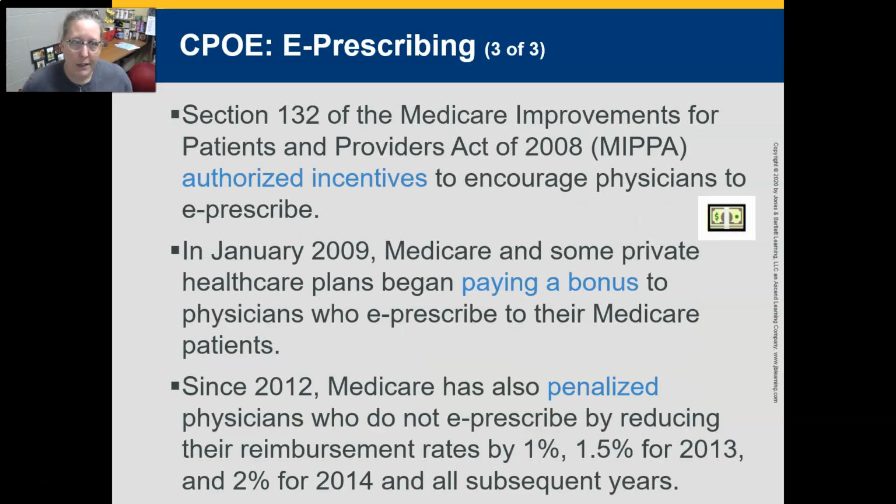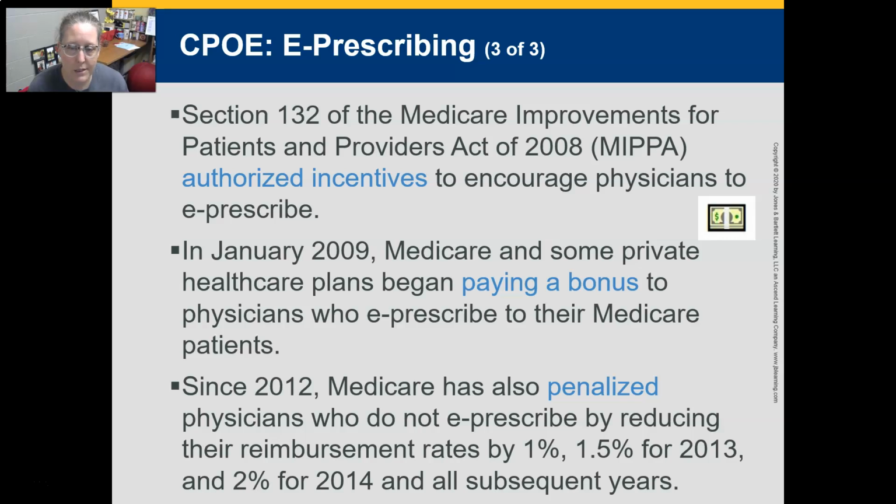Section 132 of the Medicare Improvement for Patients and Providers Act of 2008 authorized incentives to encourage the physicians to e-prescribe. So in January 2009, Medicare and some private healthcare plans began paying a bonus to physicians who e-prescribe to their Medicare patients because it was safer and easier to track.